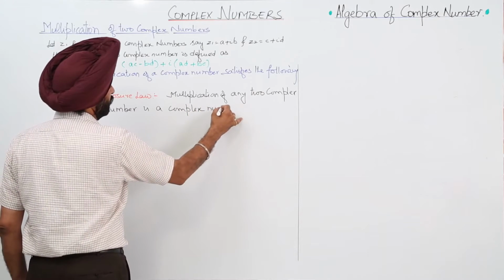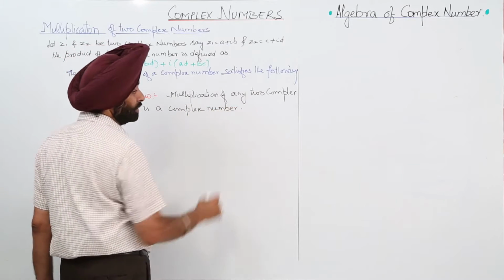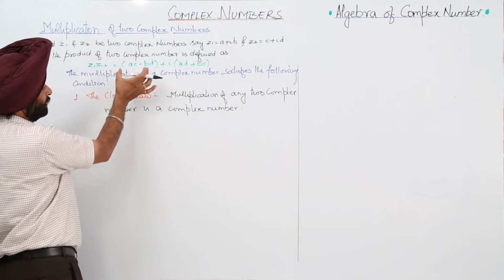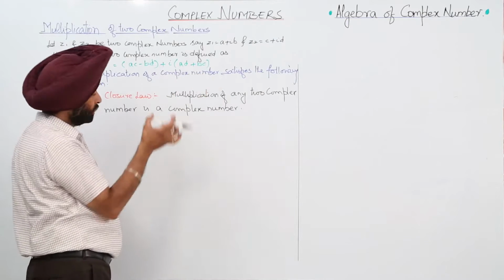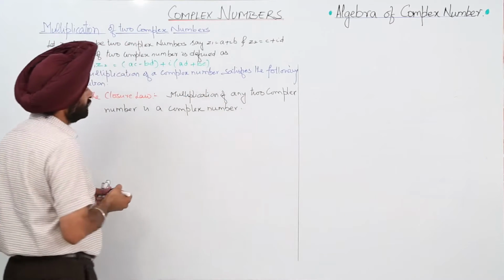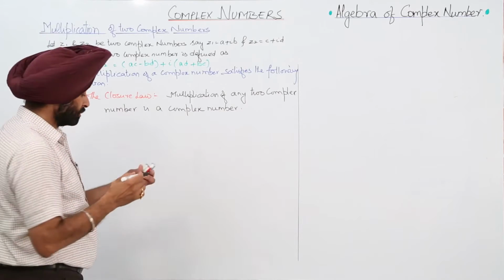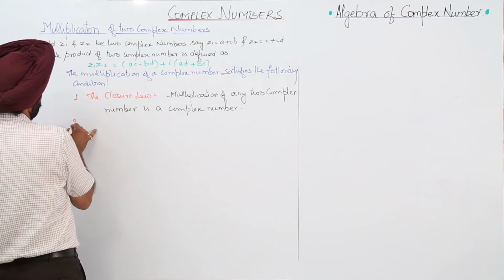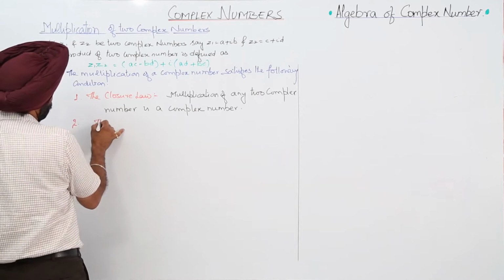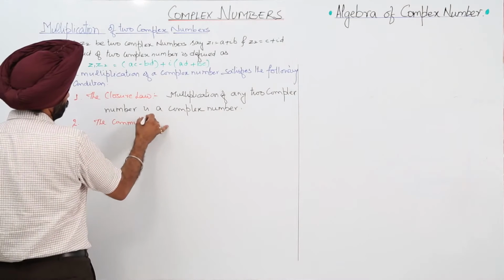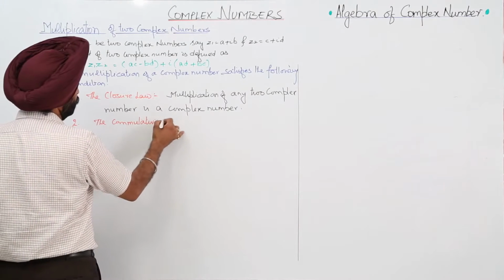As it goes in the definition part, we have seen Z1 dot Z2, we are getting a real and an imaginary. So the closure law states multiplication of any two complex numbers is a complex number. Is it clear? Number 2, the commutative law.